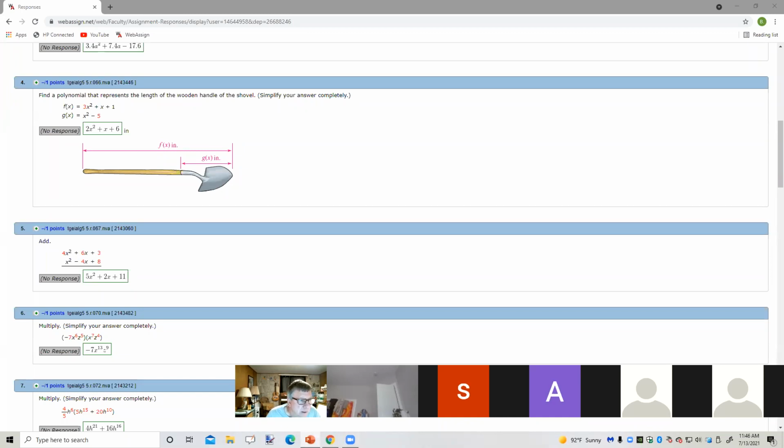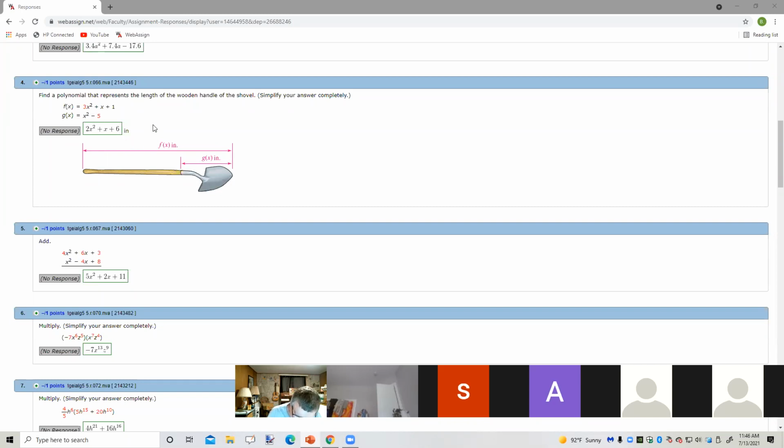All right. Find a polynomial that represents the length of the wooden handle of the shovel. All right. Now, they give us the length of the entire shovel, the handle, and I can't remember if this is called the spade part or what it is, but the whole thing is f of x. Okay.